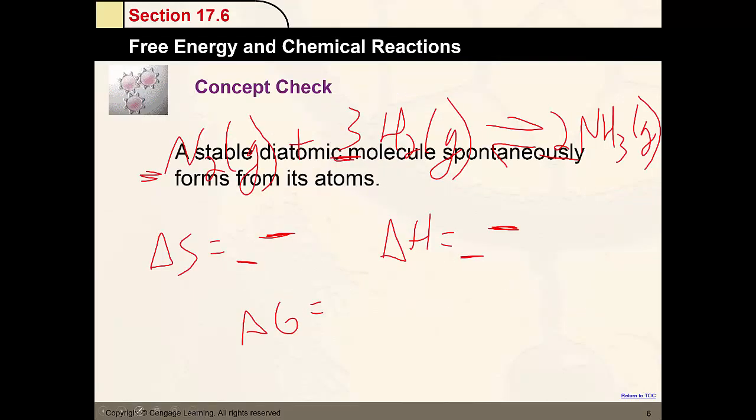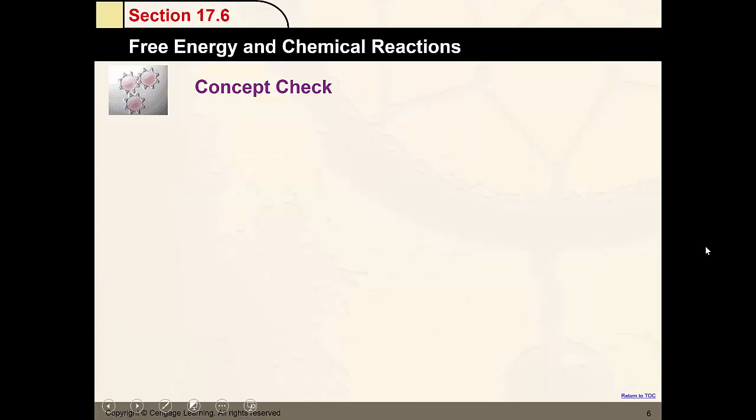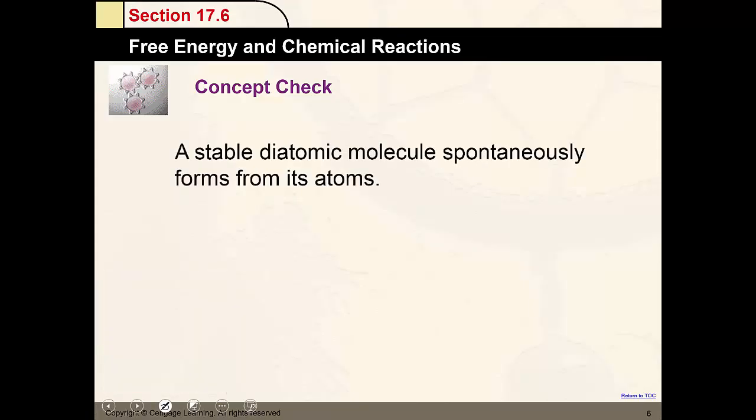Okay, now, finally, if given a reaction like so, a stable diatomic molecule spontaneously forms from its atoms. So, let's use hydrogen as an example. So, it's forming, so that means it's a product from its atoms.